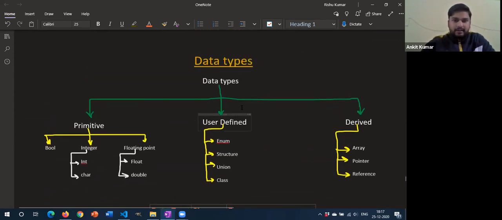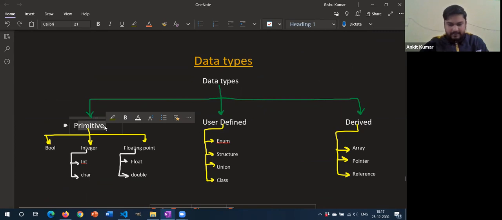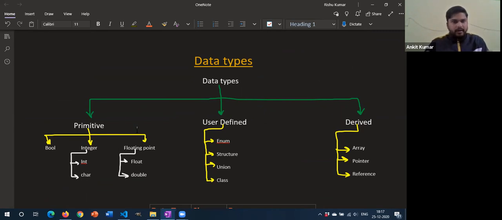This is a chart where I have shown all the data types that we have in C++. We have primitive data types, which means in-house data types which live inside C++. These are the data types which are provided by the compiler to you by default.